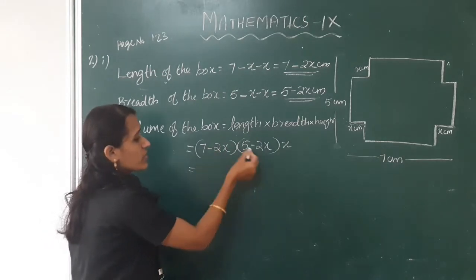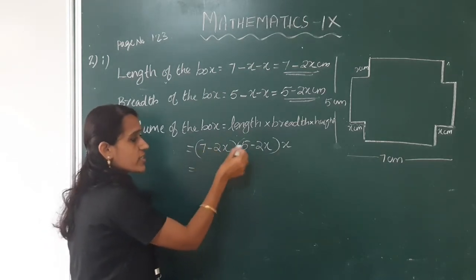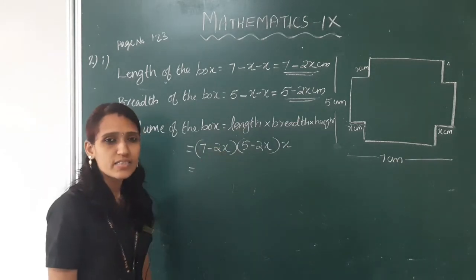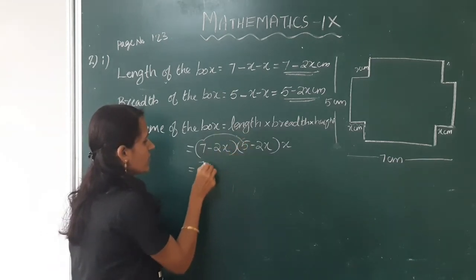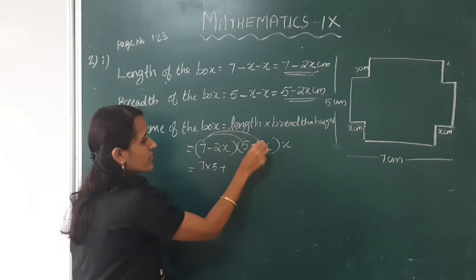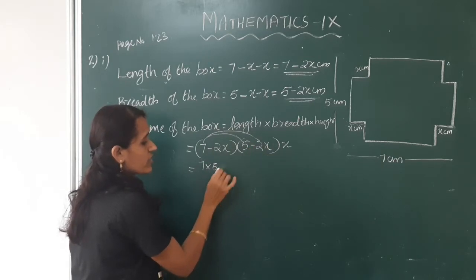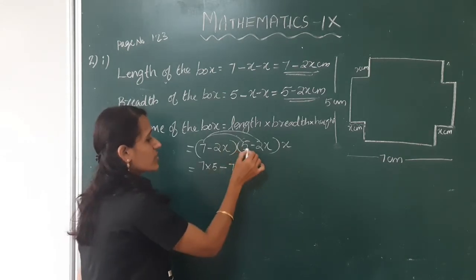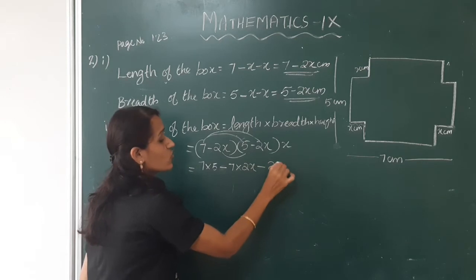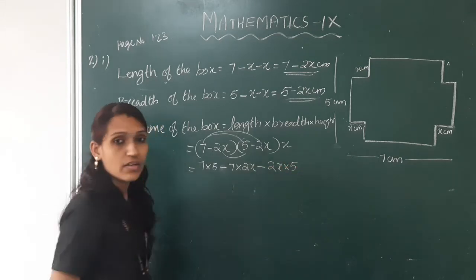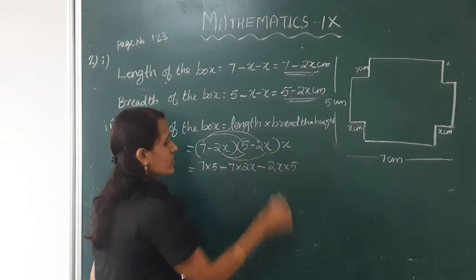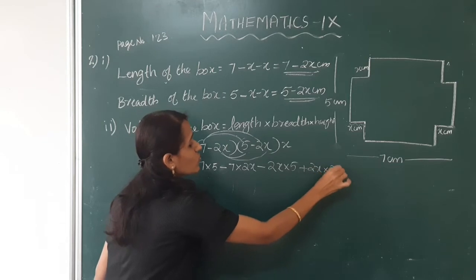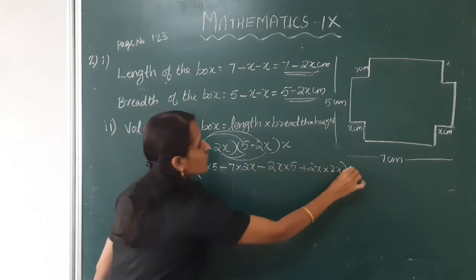first we have to multiply these two terms, that is 7 minus 2x into 5 minus 2x using identities. 7 into 5 plus 7 into minus 2x, that is minus 7 into 2x, minus into plus, minus 2x into 5, next 2x into minus 2x plus 2x into 2x into x.